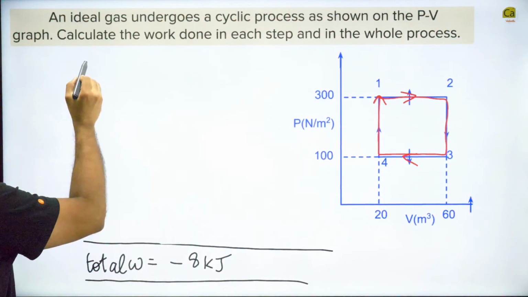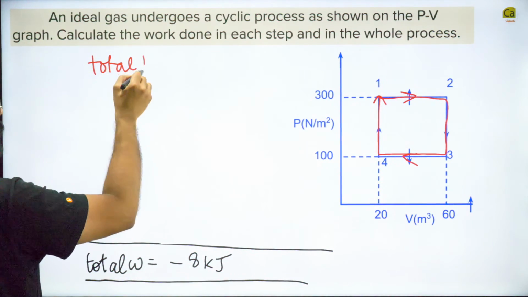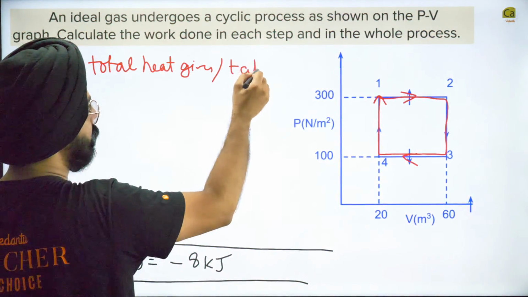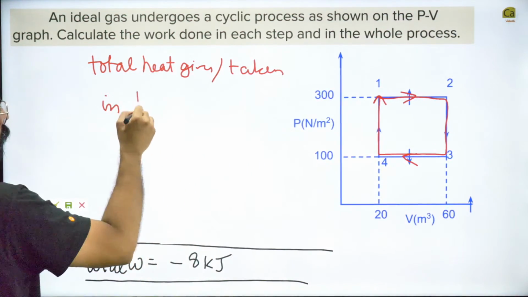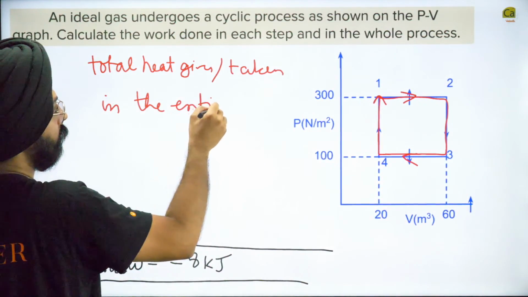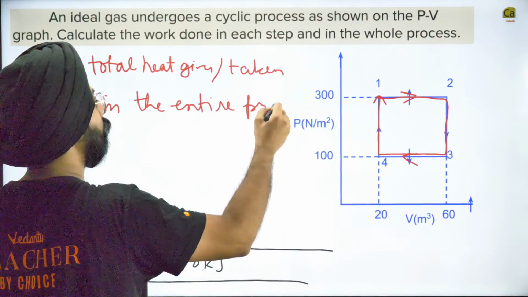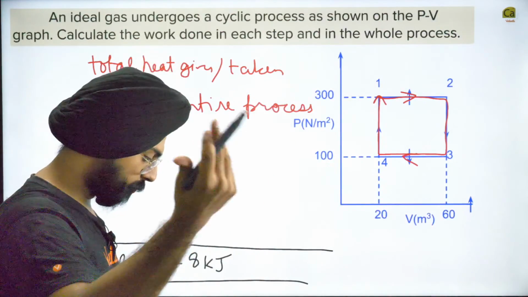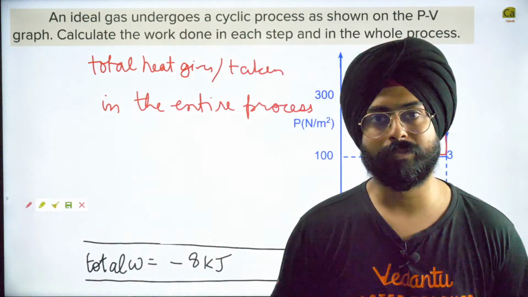Can you tell me what is the total heat given or taken in the entire process? What's the value of Q for the entire cyclic process? Tell me, what do you think?